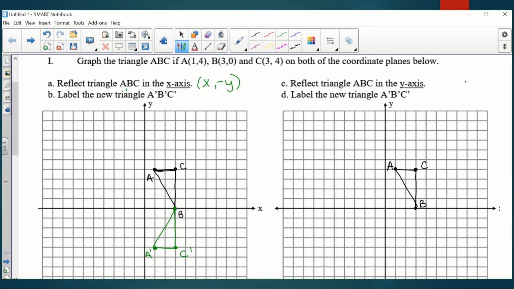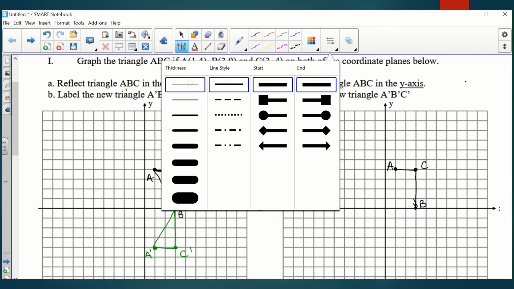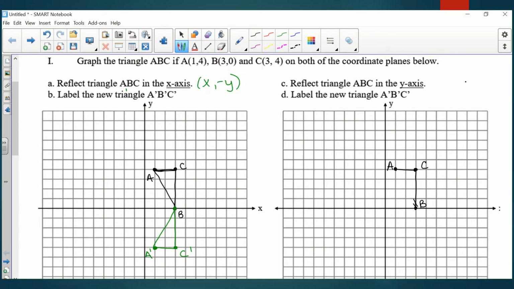We are now going to take this triangle. Oops, sorry. I'm making it worse instead of better here. Okay, so we're going to take this triangle. And this time, we're going to reflect over the y-axis. All right, so reflecting over the y-axis.